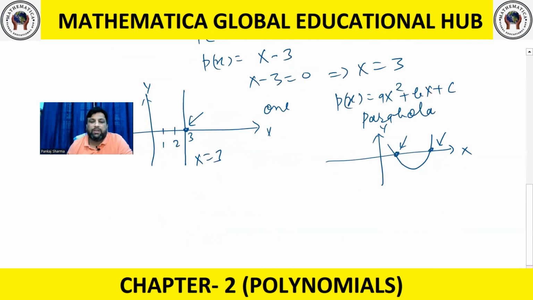Similarly, suppose a cubic polynomial is given. We can count how many times the graph of p(x) intersects or touches the x-axis, and accordingly count how many zeros are there in the given polynomial.